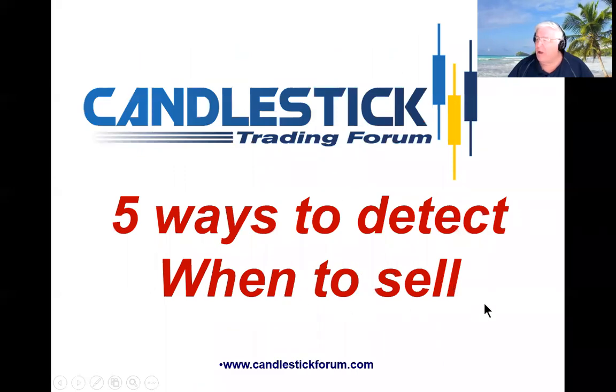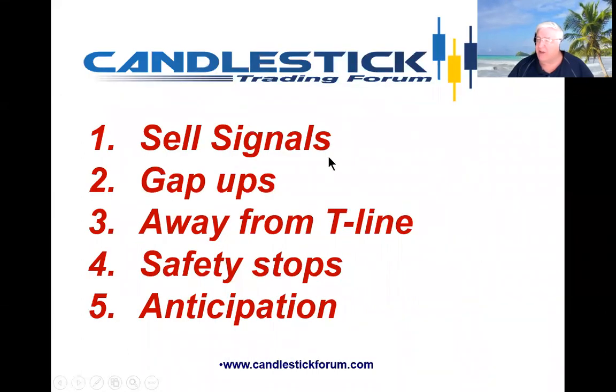There are 5 ways to detect when it's starting to become time to sell or take profits: the sell signals, gap ups in the overbought condition, the distance away from the T-line, putting in safety stops at levels where they shouldn't be trading if you're in an uptrend, and most importantly, the formations. The candlestick patterns and signals allow you to start anticipating when investor sentiment is about to change.